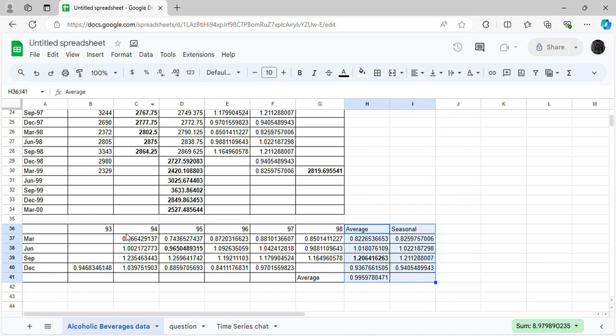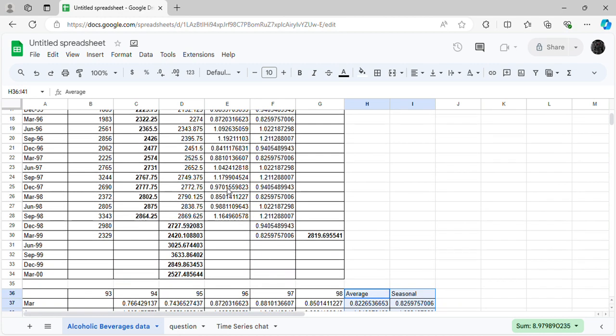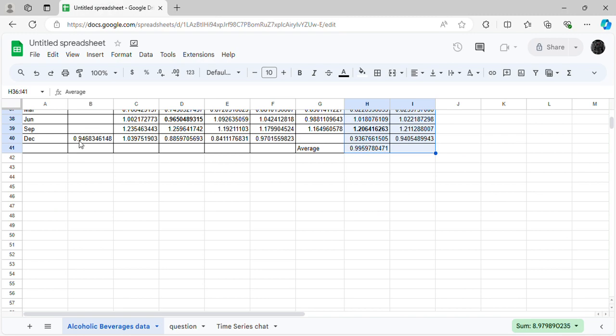And then the quarters are March, June, September, December. So, we make a table of the rough seasonal values, and that's for December 1993. So we include that over here.